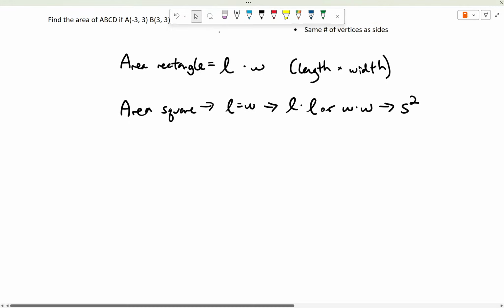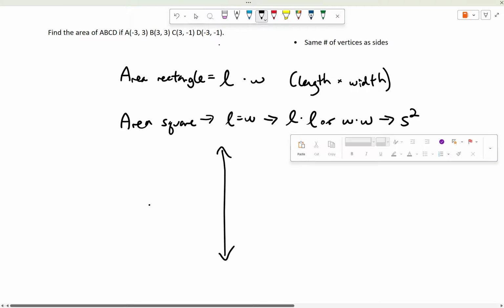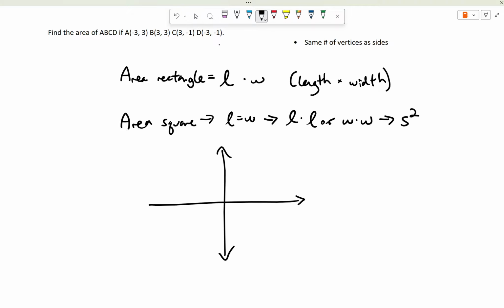Now, what do we have here? Let's go ahead and I'm just going to graph this guy out real quick in a coordinate plane, and we'll be on our way. All right. -3, 3, 3, comma 3, 3, -1, -3, -1.